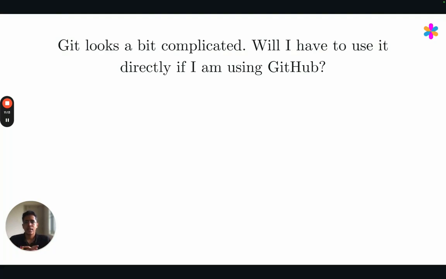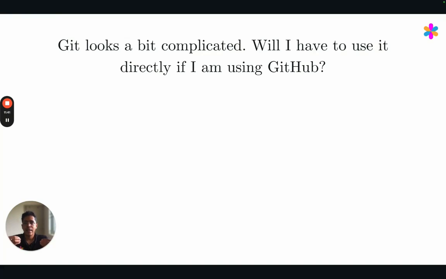Another question is, Git looks a bit complicated because there are a lot of terminal commands. This is also for someone who is familiar with Git. If you are watching this part of the lecture, I'm assuming that you have heard a little bit of GitHub. If you have not, don't worry, but I'm trying to address the people who have heard of Git or seen the way Git works a little bit, and maybe felt intimidated by it because of the terminal commands.